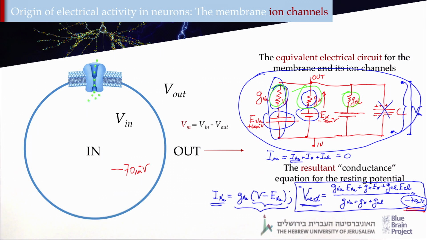But what makes these conductances change, that's the trick of the membrane of neurons, which is very unique. And this is, of course, the next thing to explain to you: what is the origin of the capability of the membrane conductances to change and thus generate new, different voltages, the synaptic potentials and the spiking potentials.